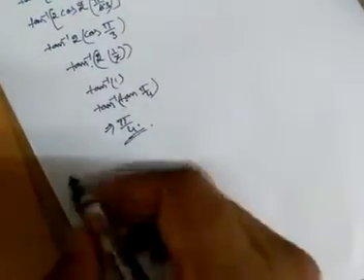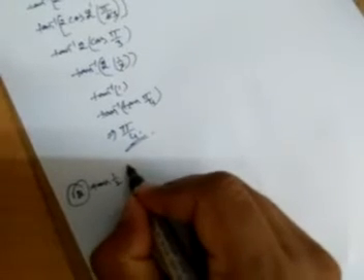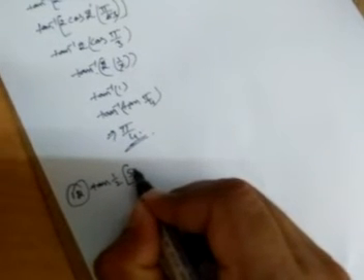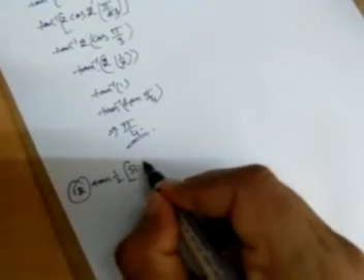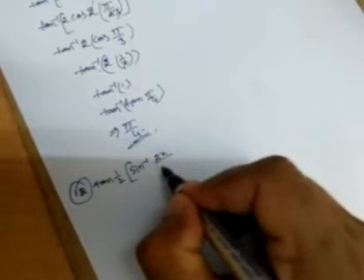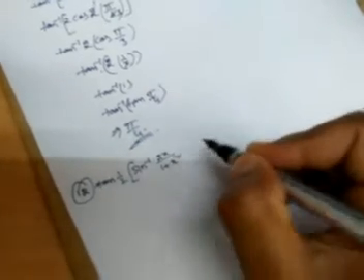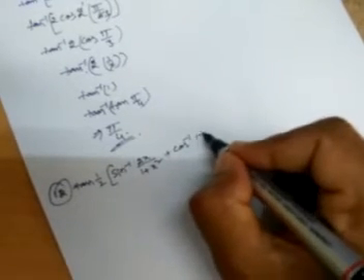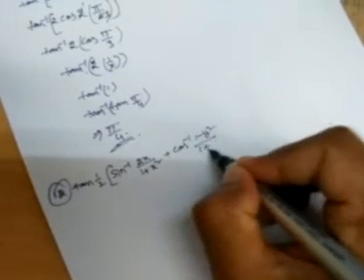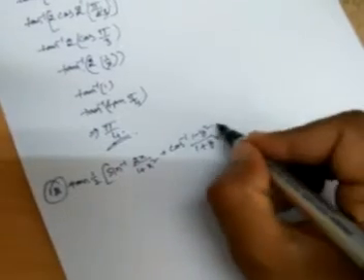Now the 12th question is tan of 1 by 2 into sin inverse of 2x by 1 plus x square plus cos inverse of 1 minus y square by 1 plus y square.